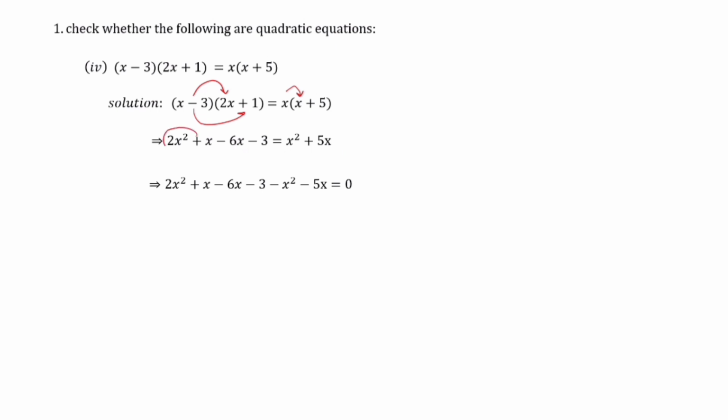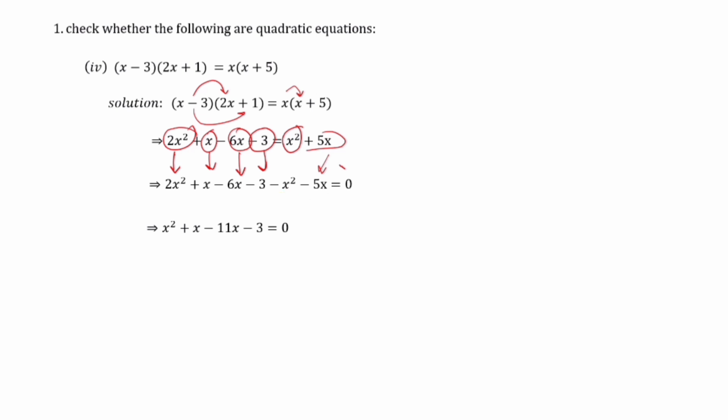So this term will remain as it is, so this one also will remain as it is, and this one also will remain, I will leave it as it is, and this minus 3 also as it is. So on the right hand side, this plus x squared, if I carry it to the left hand side, will give me minus x squared, so this plus 5x also, if I carry it to the left hand side, will give me minus 5x.